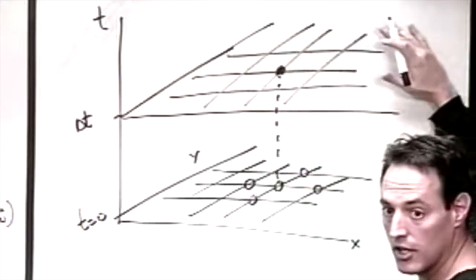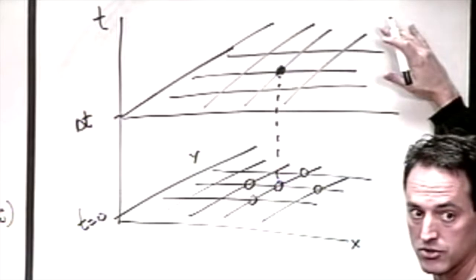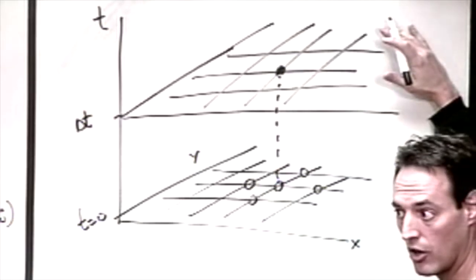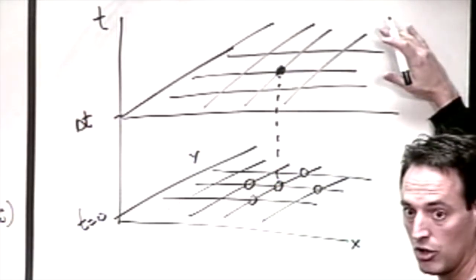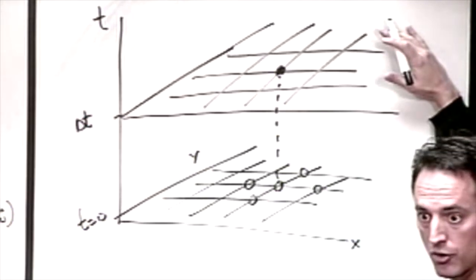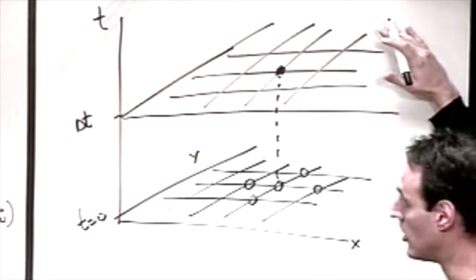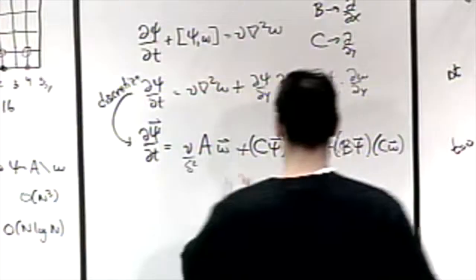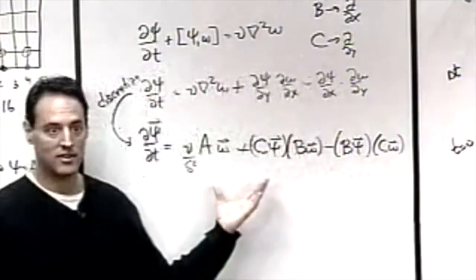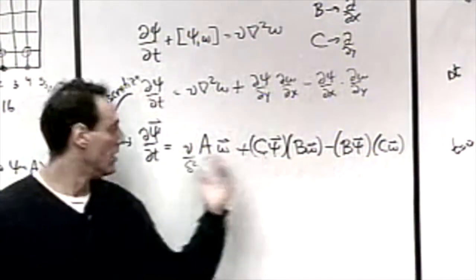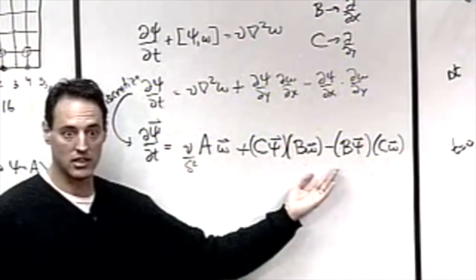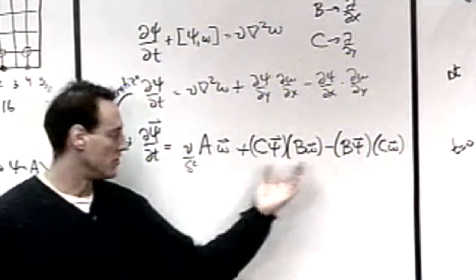How you go from here to here is using a standard differential equation solver like ODE45, ODE23, all built in. The same thing you're using for doing homework 1. The only difference is, here's your right-hand side. Once you write your matrices A, B, and C, your right-hand side is really easy to calculate. There it is. This is the only thing you've got.